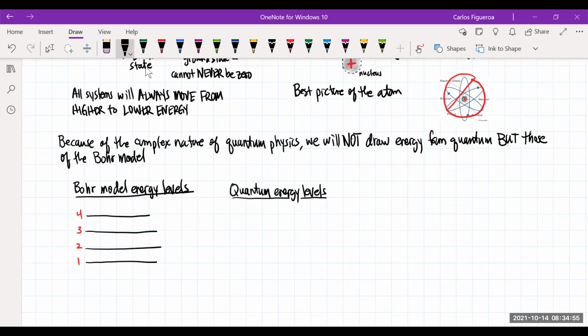What you find here is that you have to include something called angular momentum into the model. And what you find here is that it's not 1, but it's 1s. And when you look at 2 in the Bohr model and the quantum model, here's what you find.